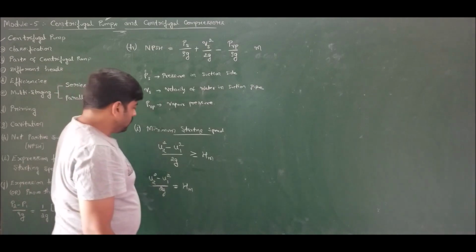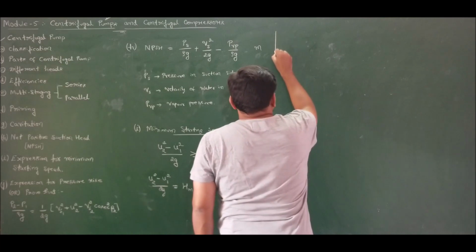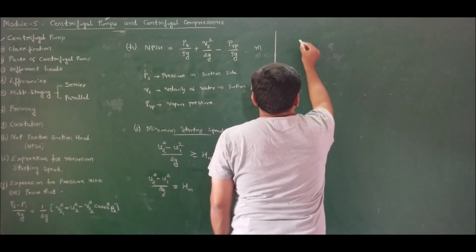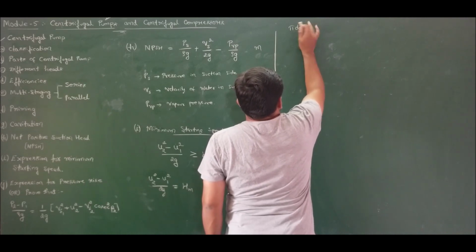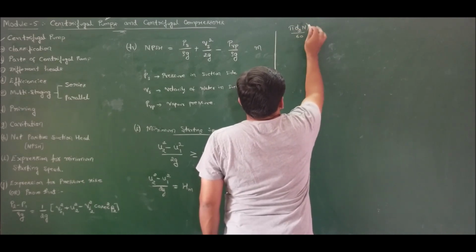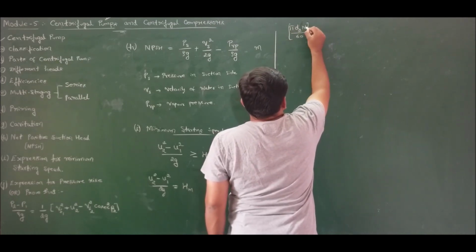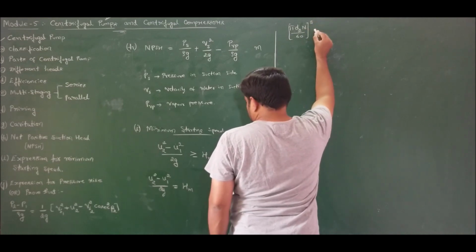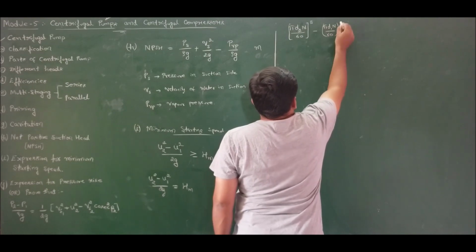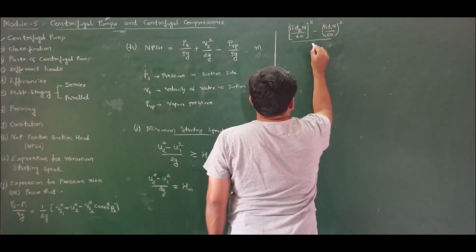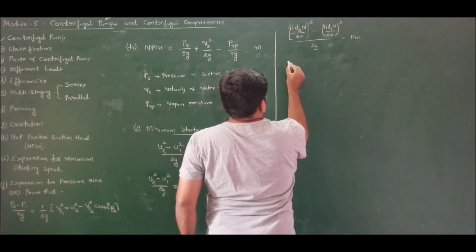So now we know the value of u2 and u1. If I substitute and solve, I will get u2 as pi d2 N by 60, in terms of RPM, where N is in RPM. So (pi d2 N by 60) whole square minus (pi d1 N by 60) whole square, divided by 2g, is equal to Hm. Now I should find the minimum speed.